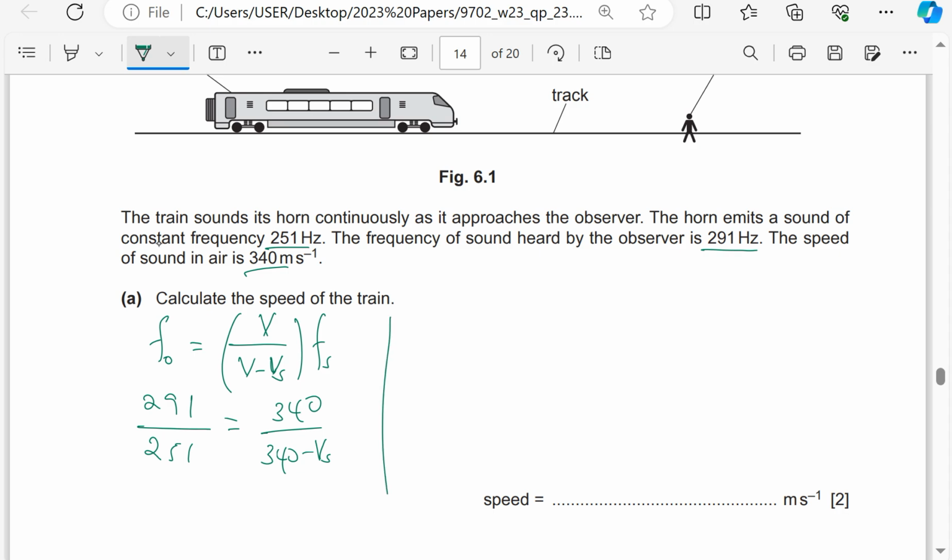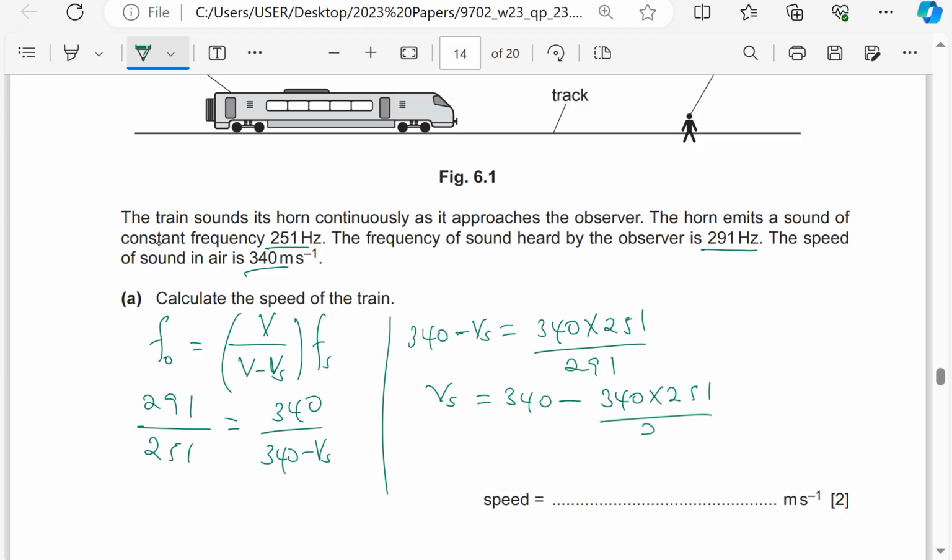So I have that 340 minus vs is going to be 340 times 251 divided by 291. So if I want vs, I make vs the subject. So vs is going to be 340 minus 340 times 251 divided by 291.